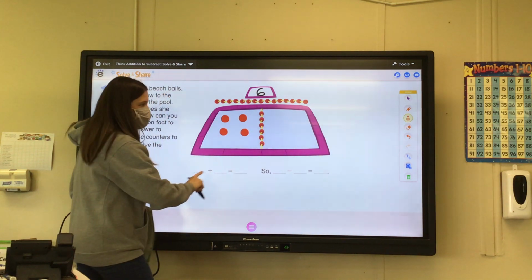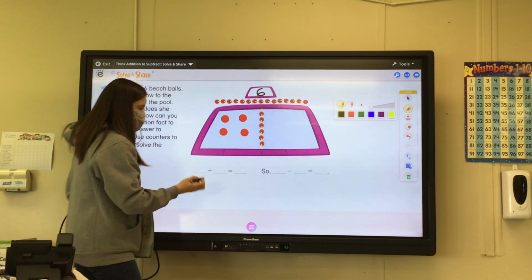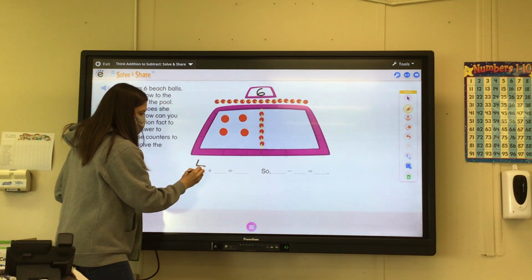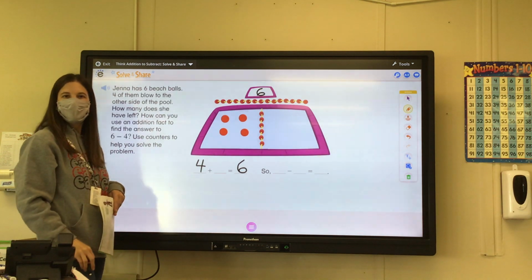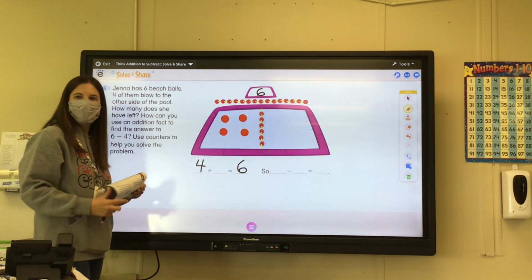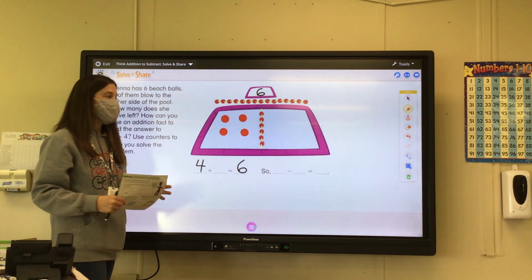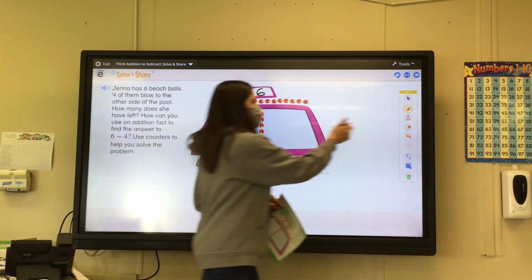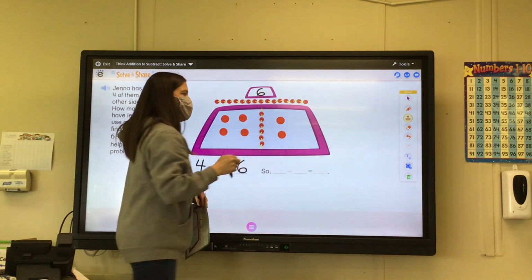So here in our addition equation, we want to write one part plus the other part equals the whole. How many are missing in the other part? 2, right? Because 4 plus 2 equals 6. So put the 2 there.